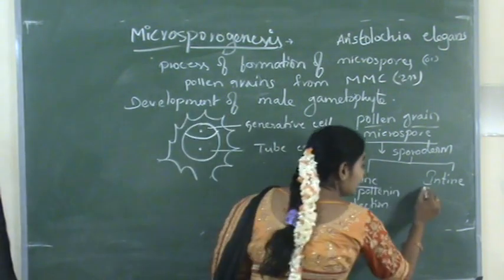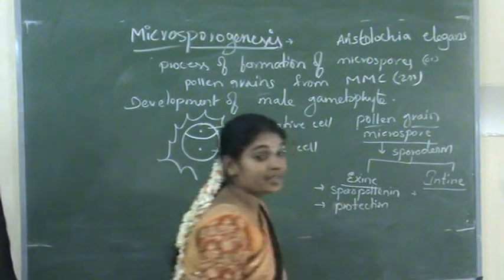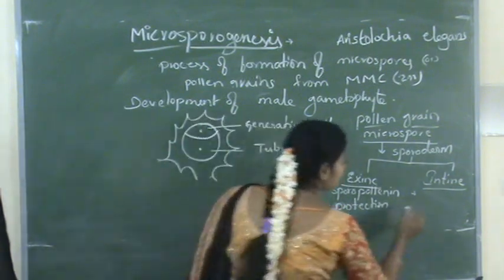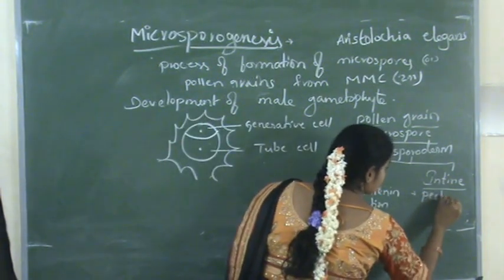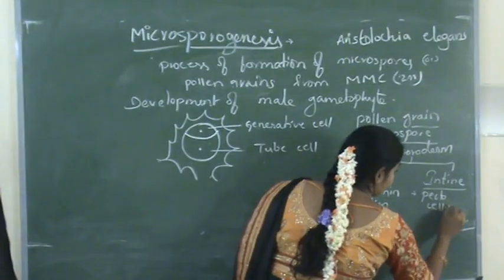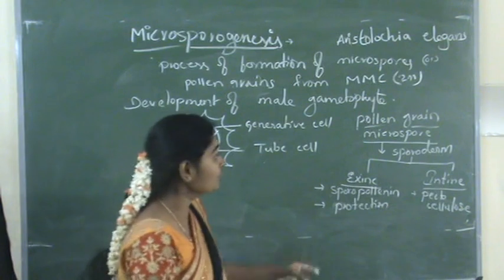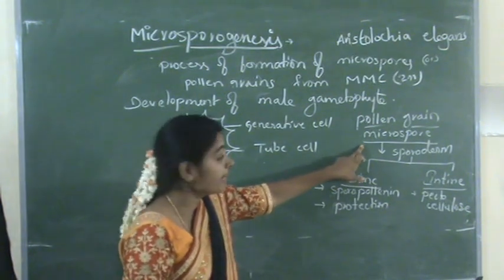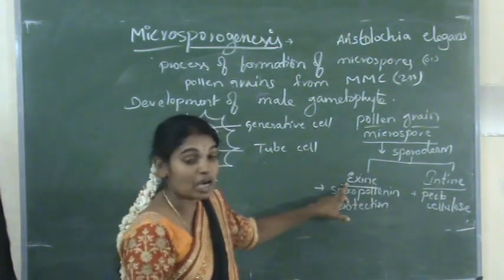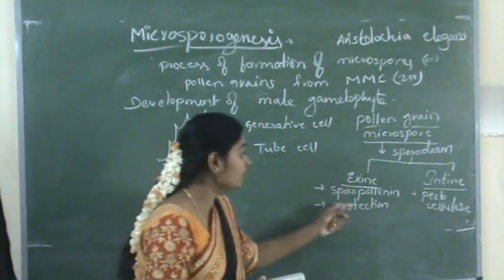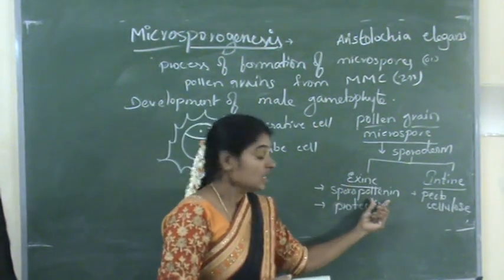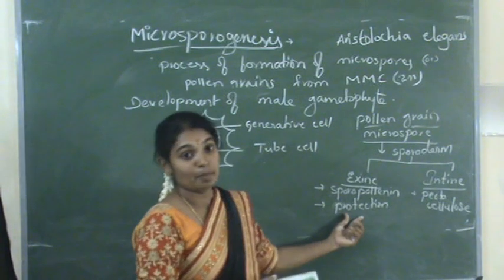And intine is the innermost layer, which is made up of pectocellulose. So intine is the inner layer of the sporoderm. Exine is the outermost layer, made up of sporopollenin, and its function is protection.